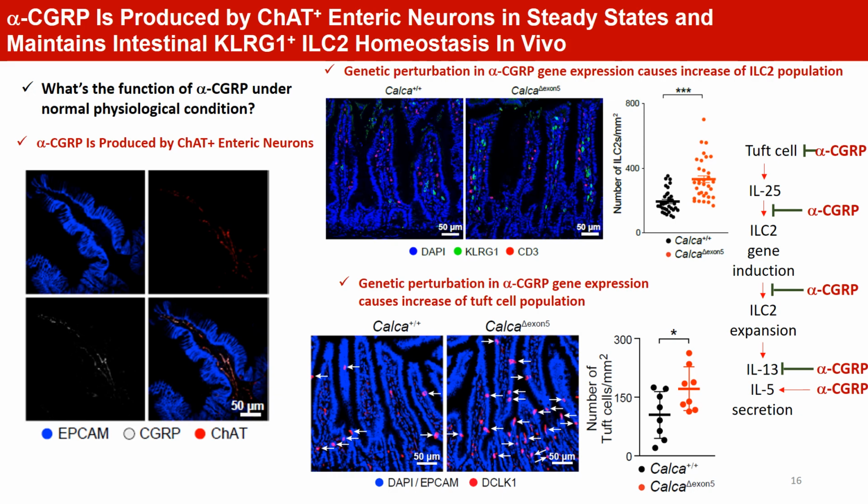In the genetically perturbed Calca gene, tuft cell staining also increased, consistent with the staining results, and the quantification also shows that in the absence of Calca expression, tuft cell number also increased significantly. So alpha-CGRP not only controls the homeostasis of ILC2 cells, but also tuft cells.